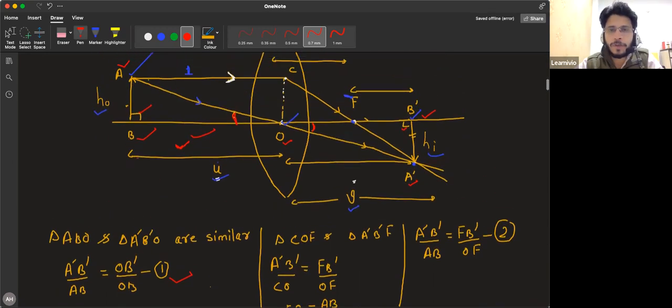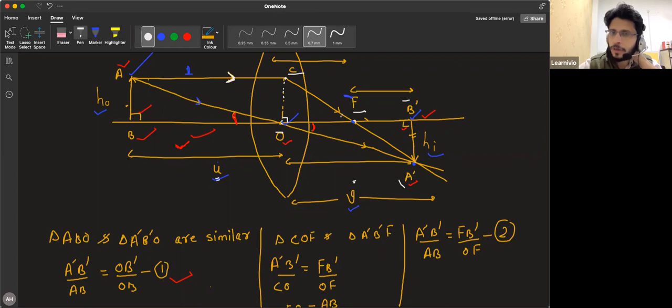The second is, if we take another pair of triangles, let's say C, O, F, this triangle, and A prime, B prime, F. These two triangles are again similar. This angle is 90, so this is also 90 degrees.